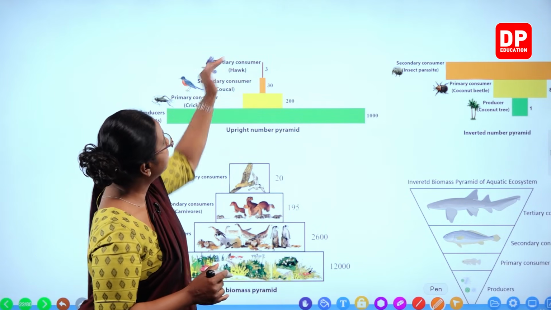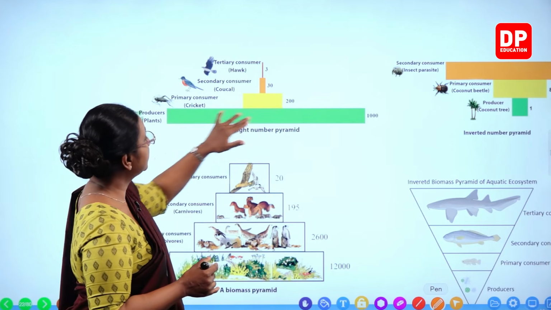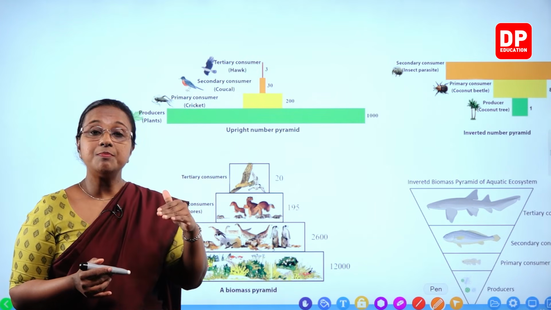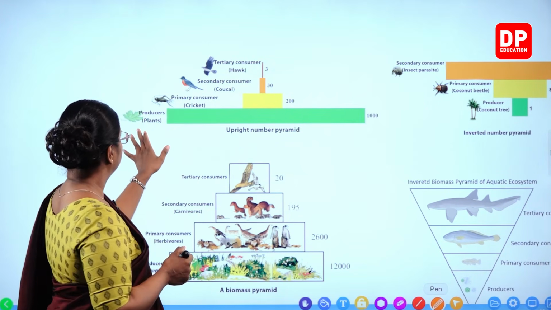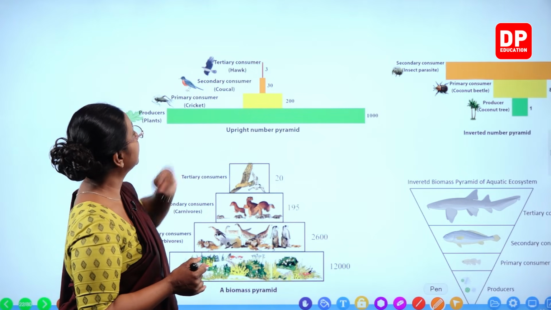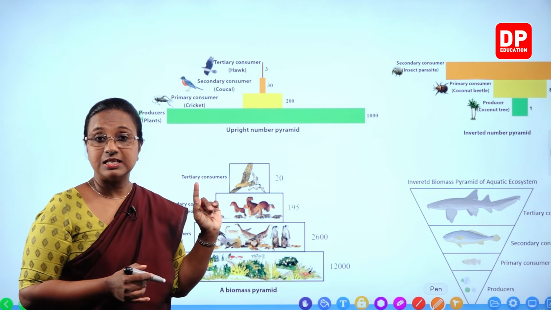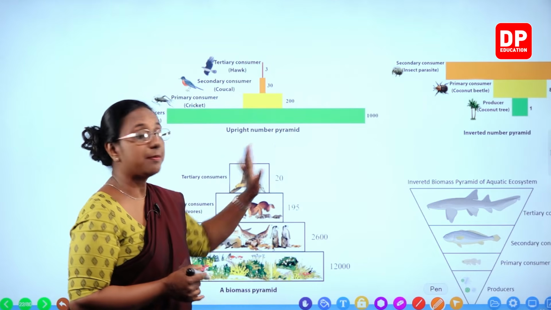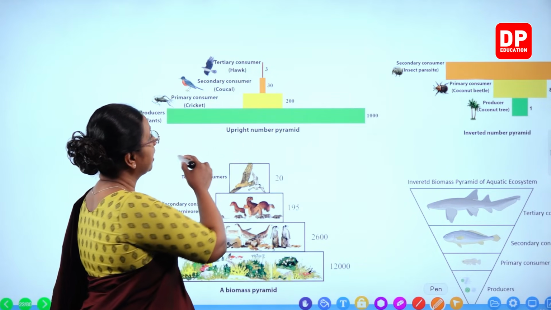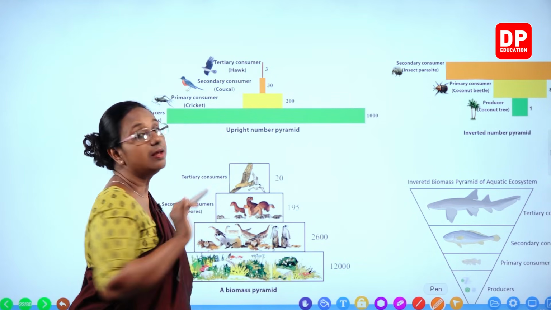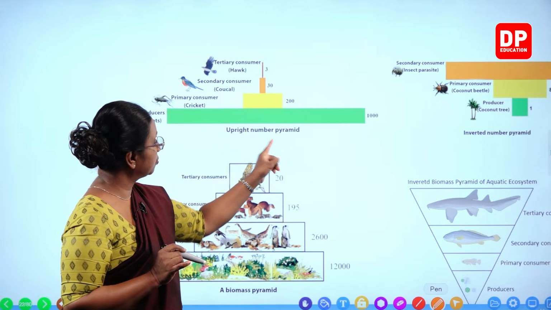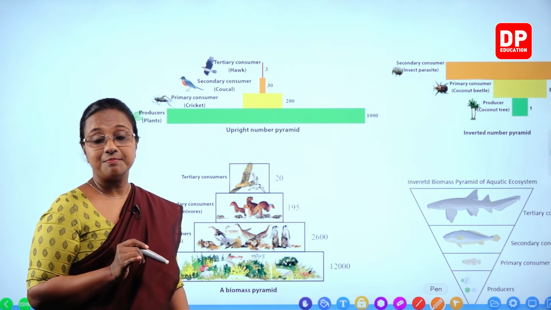So this type of pyramid that includes the number of each type of trophic level, the producer, primary consumer, secondary consumer and the tertiary consumer, is known as a number pyramid. And here also you can see the shape is the normal pyramid shape. That is why it is known as an upright number pyramid.